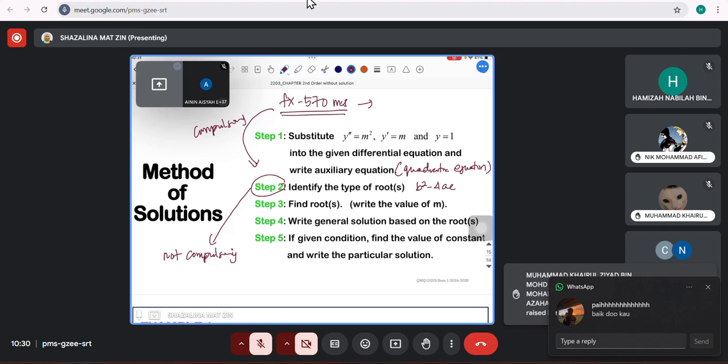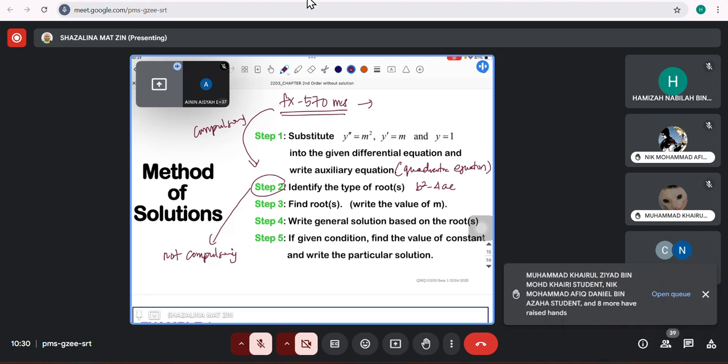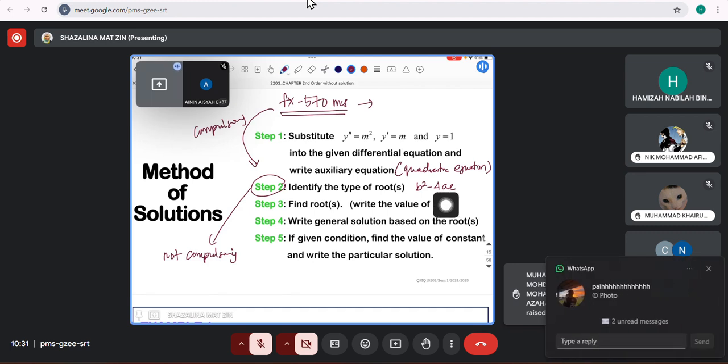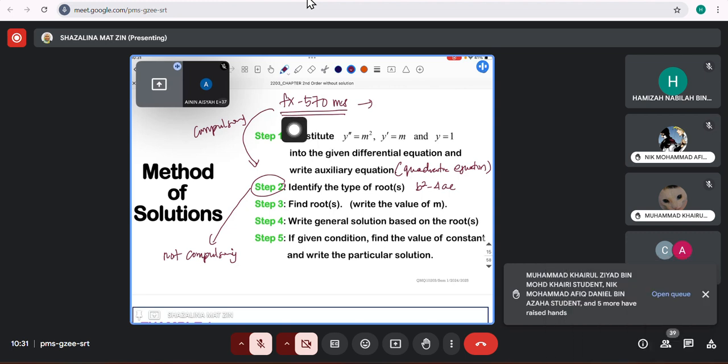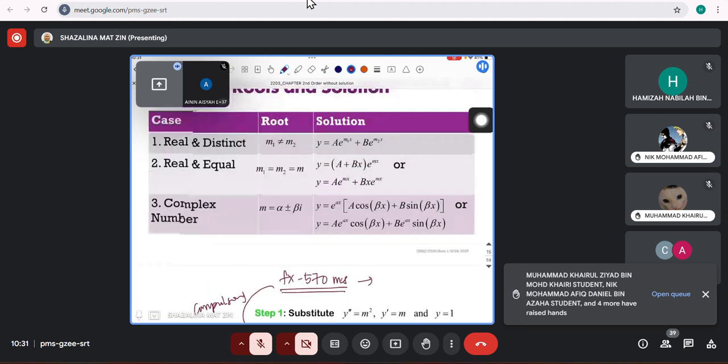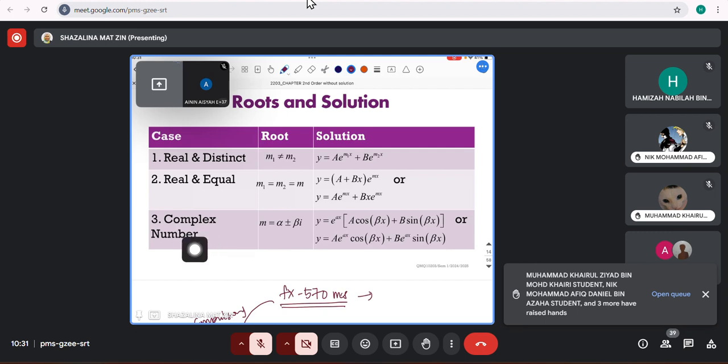9 people. Okay, please be careful for step number 2. Make sure you calculate first. Please do calculate b square minus 4ac. Once you have calculated, then you can identify. This is because sometimes when you find the value of m by using FX570MS, there is confusion between real and equal and complex number root.